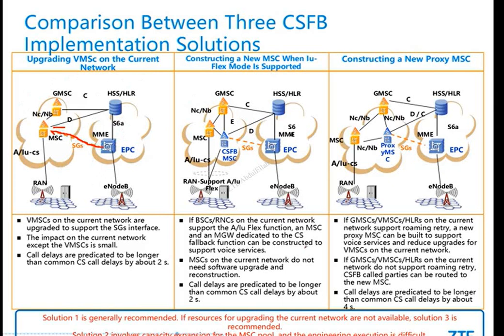If the resources for upgrading the real network are not available, that means because in this solution the MSC also needs to be upgraded, if it's not available to upgrade the MSC, we recommend the third one, because the third one is just like a proxy. The second one, the delay is increased, but it can involve capacity expansion. But the engineering execution is difficult.